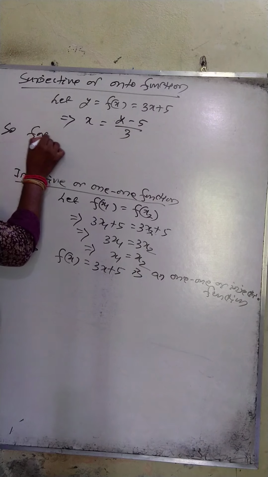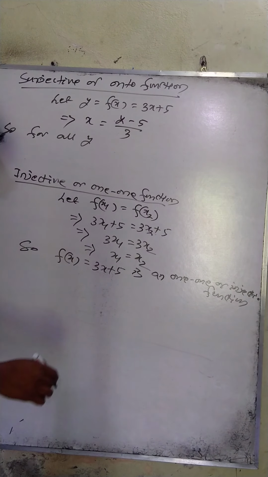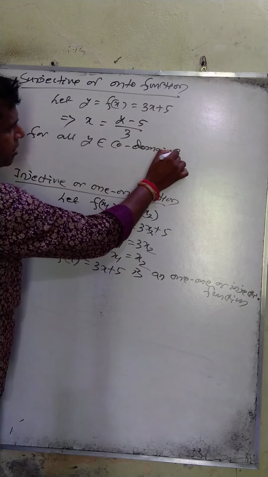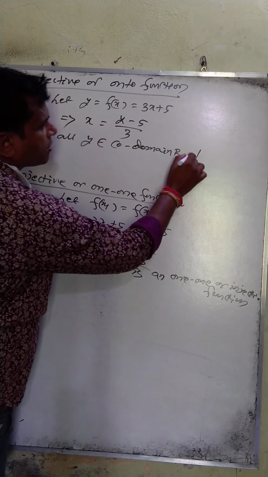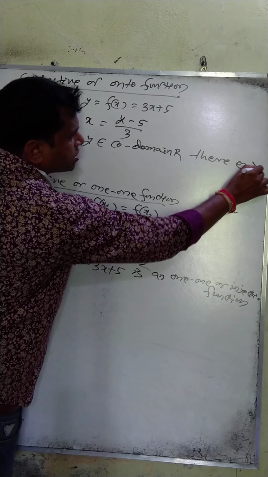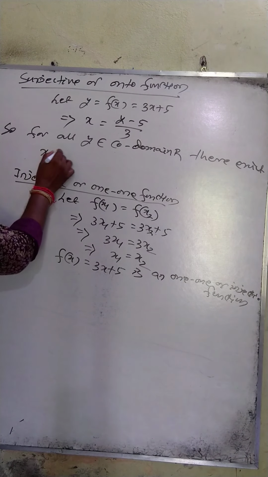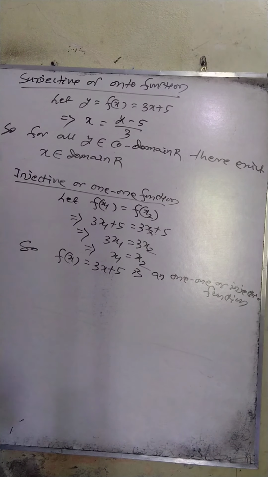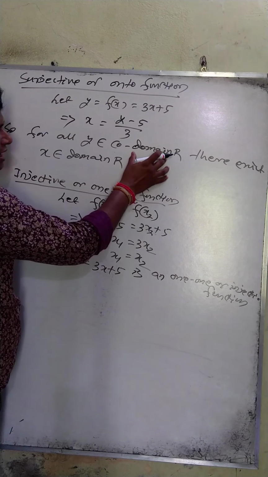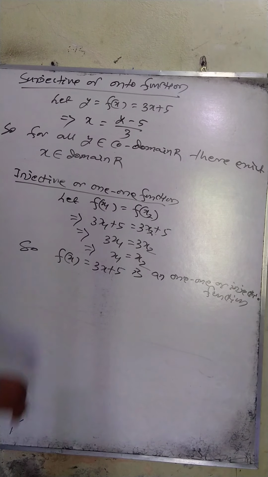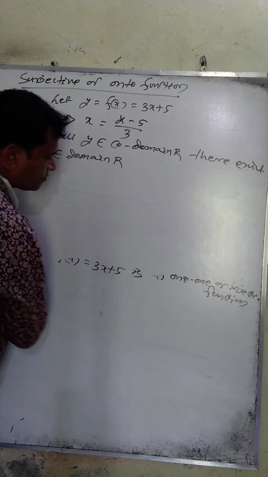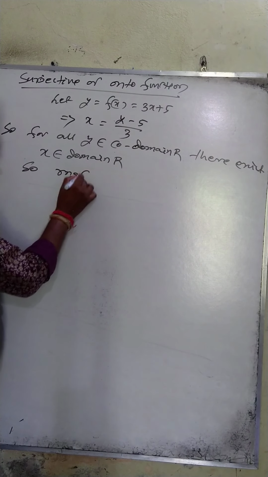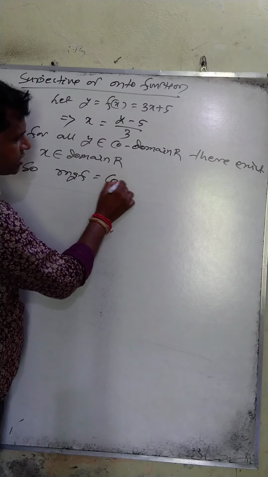So for all y belongs to codomain R, there exists x belongs to domain R. That means all elements of the codomain R are pre-imaged in the set of domain R. So its range of f is equal to codomain set R.